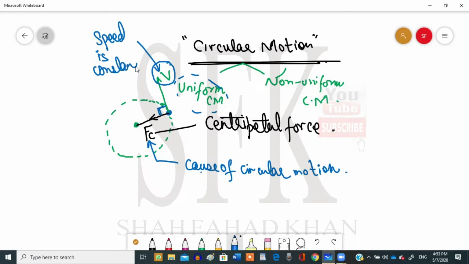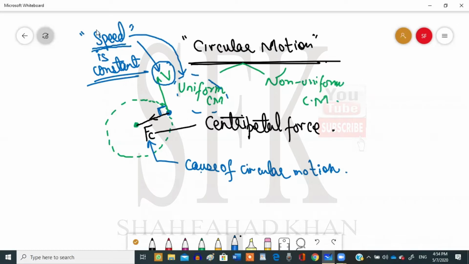Guys, remember I'm using the term speed, I'm not using the term velocity, because speed is a scalar and it does not depend upon the direction of the object. If speed stays constant, that circular motion is called uniform circular motion.